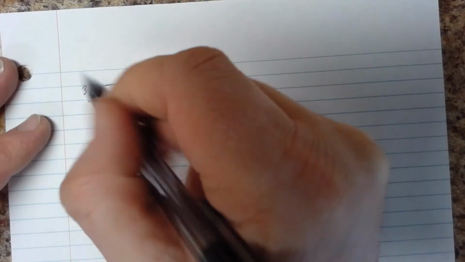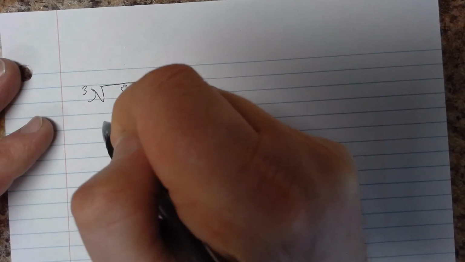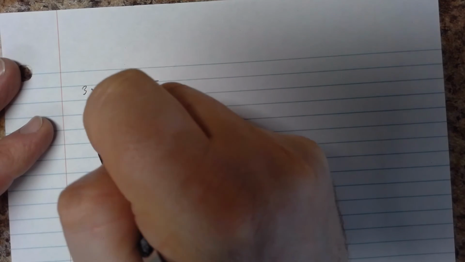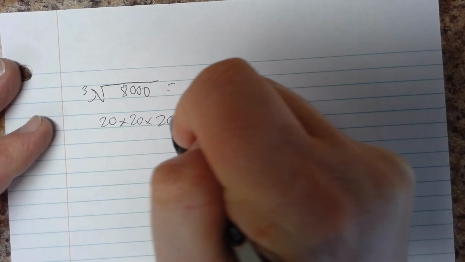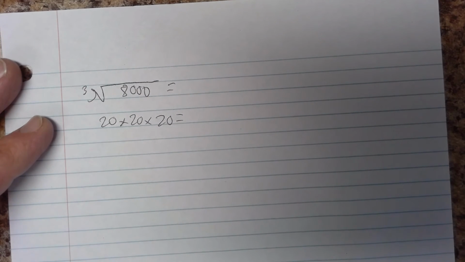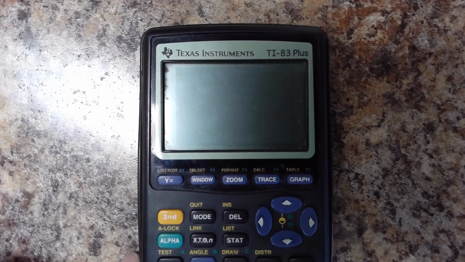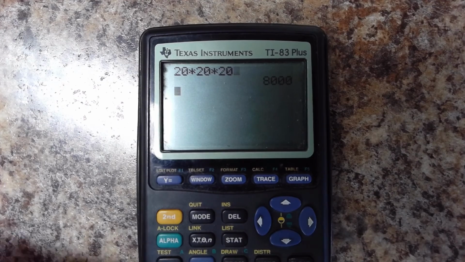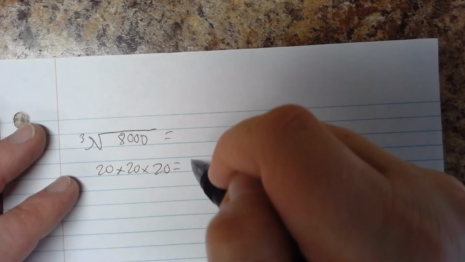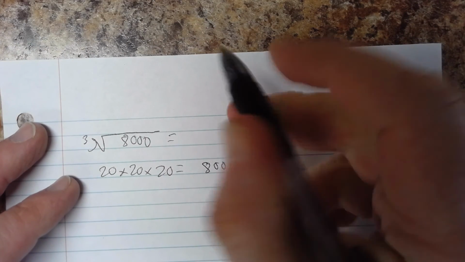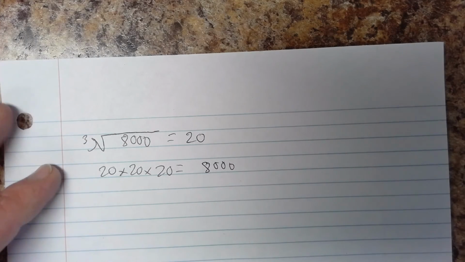Let's begin with, let's try 20 first. 20 times 20 times 20. Oh, lo and behold, that's what it is. One step, we were done. 20 times 20 times 20 is 8,000. Cube root of 8,000 is 20.